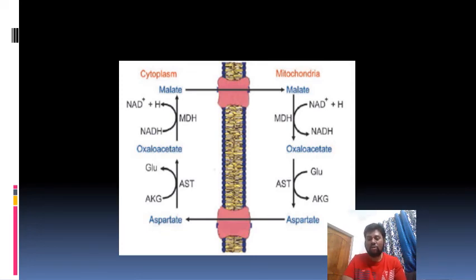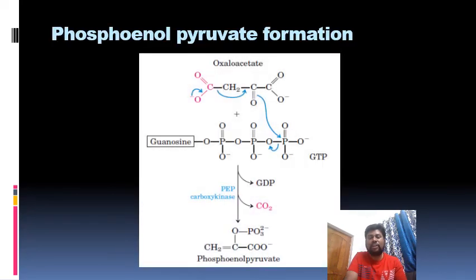Once it comes out to the cytoplasm, by the enzyme phosphoenol pyruvate carboxykinase, it will be converted to phosphoenol pyruvate. This is how the pyruvate kinase step is reversed. It is a quite complicated process. It actually takes place in 2 steps, but a few shuttling processes are also involved in between.